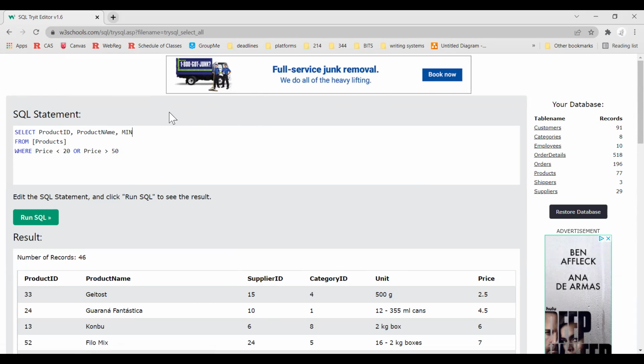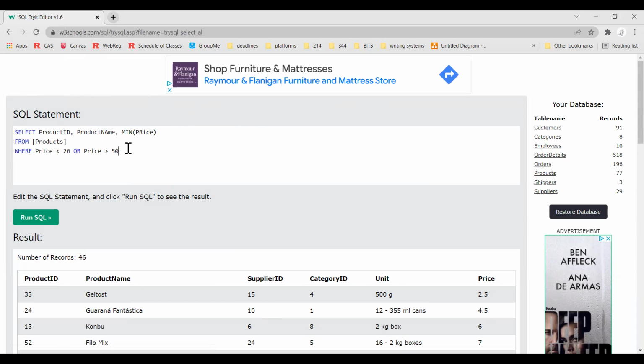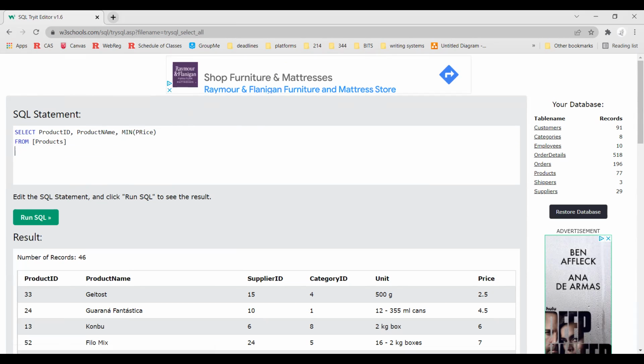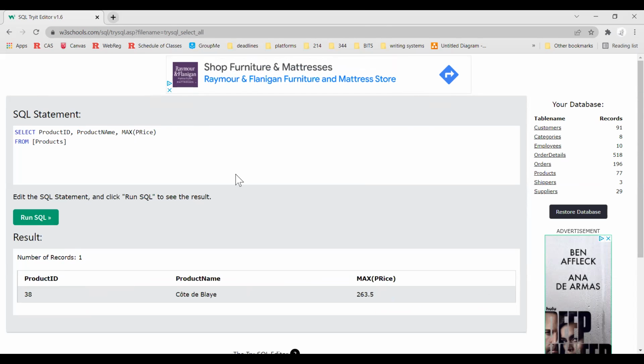Let's see, min of price. Okay. From products, and we don't need this anymore. And I said max, but I wrote min. That's all right. So once again, we can see that expensive alcoholic beverage, a really high price.